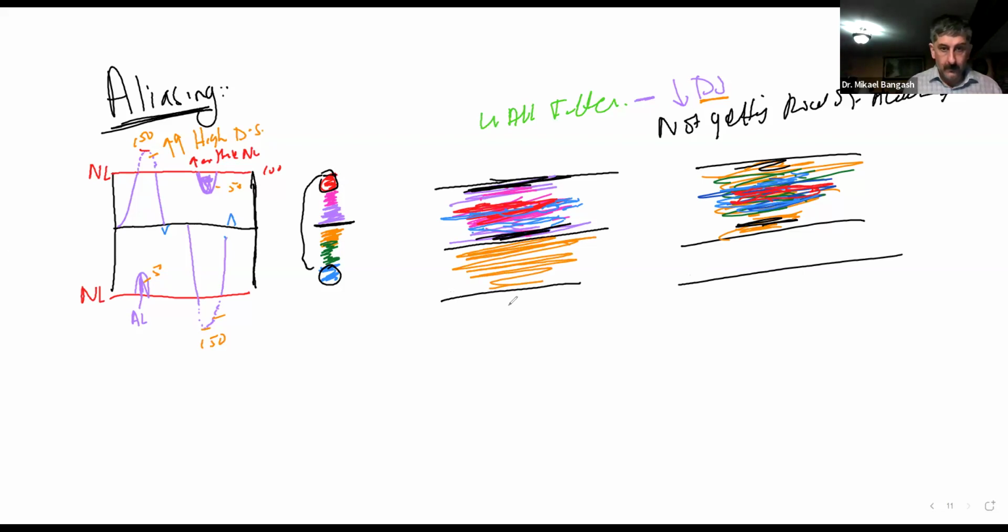Now the wall filter, this blood vessel here may become blanked out. But since we had aliasing, nothing is going to happen to that. So your aliasing is still going to be there.